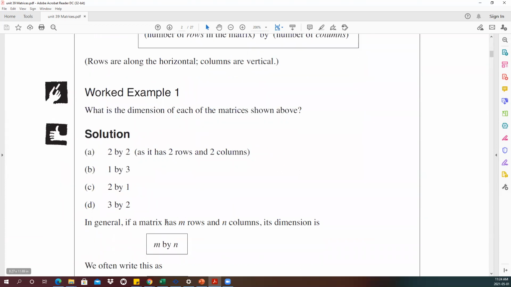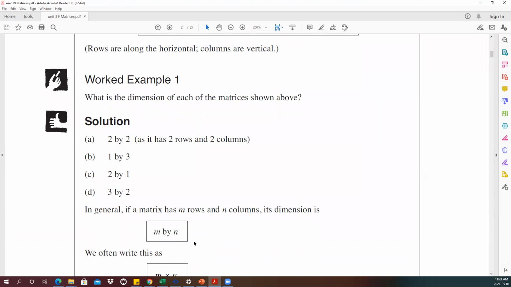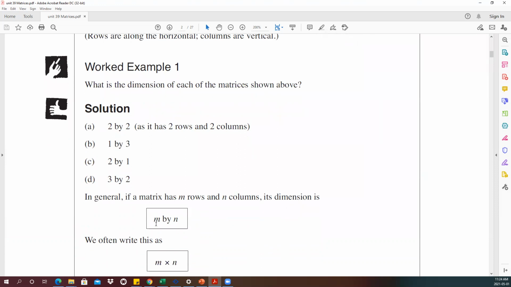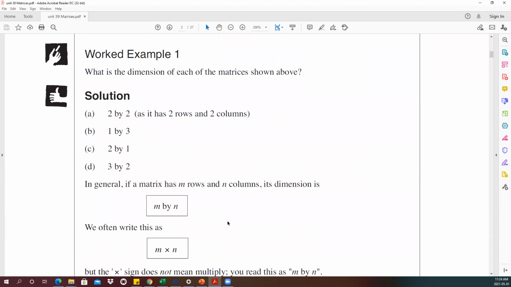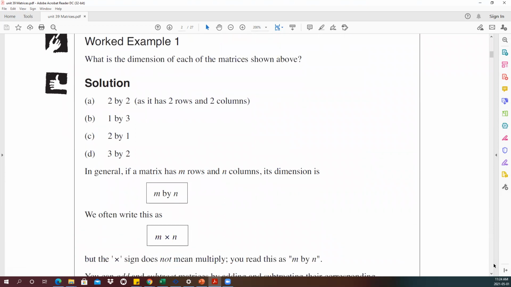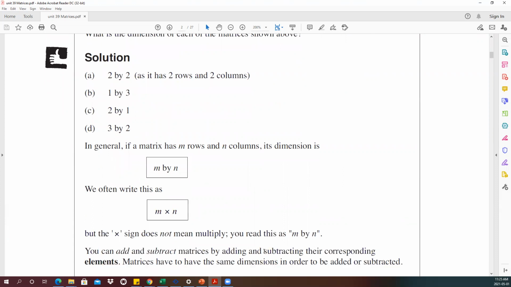In general, if a matrix has m rows and n columns, its dimension is m by n, number of rows by number of columns. We often write this as m times n, but the multiplication sign does not mean multiply, it just means by.